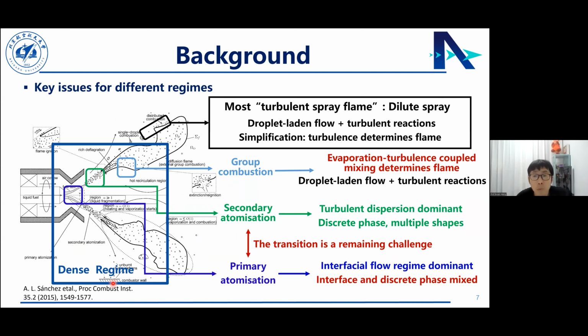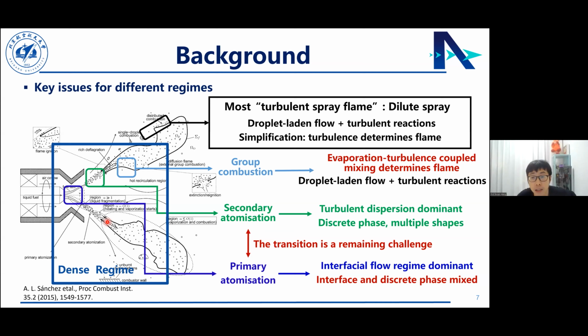As we know, in the scientific research field, most turbulent spray flames still stay in the dilute spray regime, and it can be characterized by the droplet-laden flow. We can see droplets one by one, and there's a turbulent reaction there.